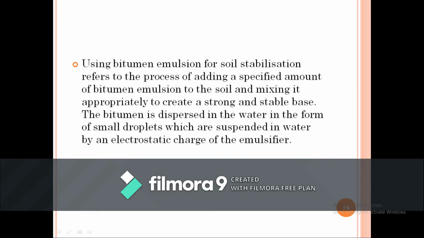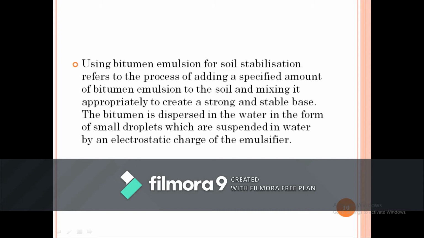So the bitumen is dispersed in water in the form of small droplets which are suspended in water by an electrostatic charge of the emulsifier. Here you are adding bitumen in water, and how is it forming? When you add it in water, it is suspended in water along with some charge. So you have a bitumen emulsifier.